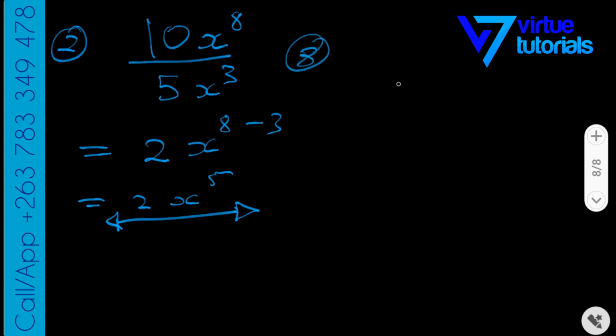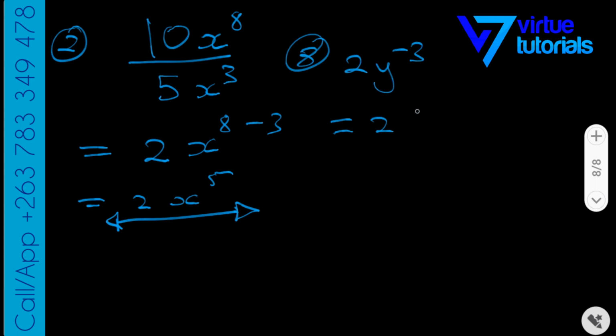If I have something like 2y to the power minus 3, again, you must understand that this power minus 3 does not affect 2. This power minus 3 is exclusively a power of y. So we know that a negative power inverts, right?